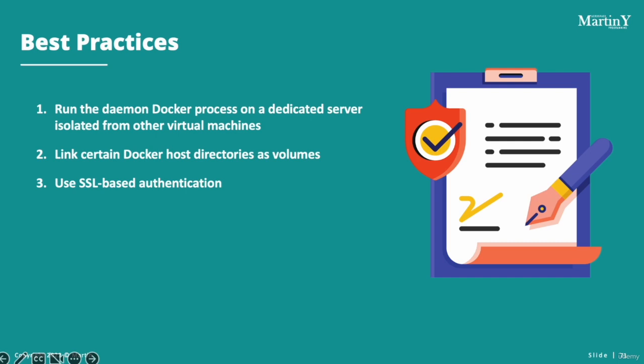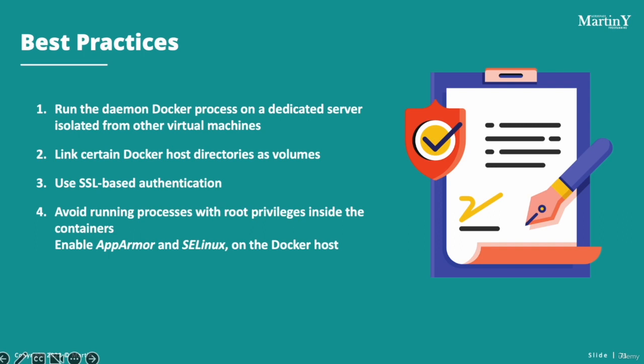From the point of view of security communications, the best option is to use SSL based authentication. And you can definitely check on the web what the SSL protocol is. It is pretty much the most popular security control out there.